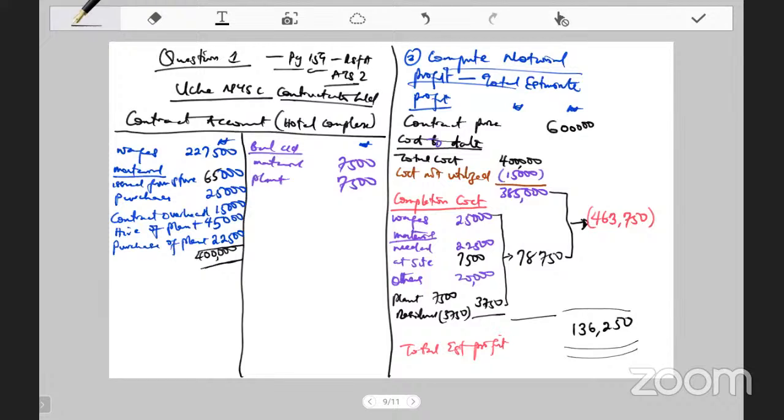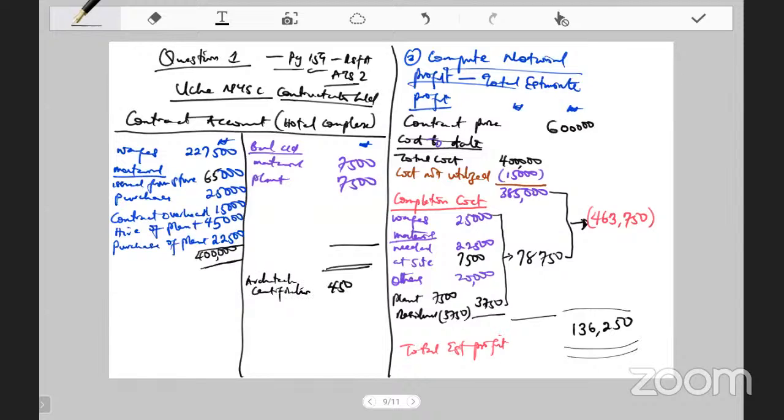Then the value of work certified as per architect is how much? How much was certified by the architect? It was 450,000 naira. So I will bring that one here. I'll call it architect certification.